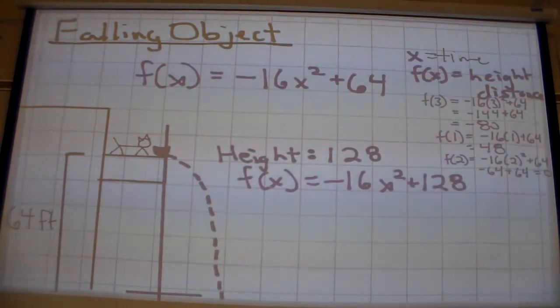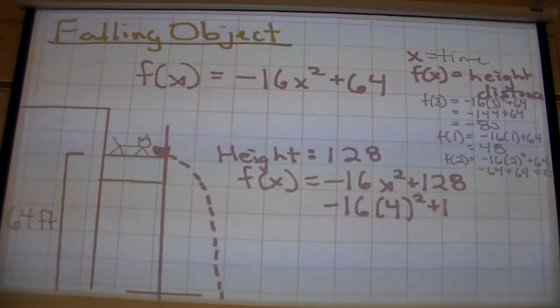If it's double the height, is it double the time? Well, let's find out. That would be negative 16 times 4 squared plus 128. It means it's double the time if it comes out to be 0. Because we've doubled the height, if this works out and we get a 0, that means in 4 seconds from twice the height it hits the ground.